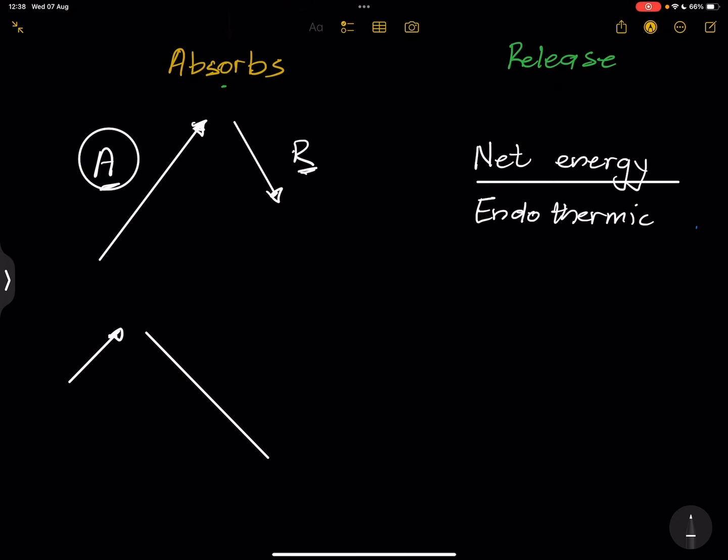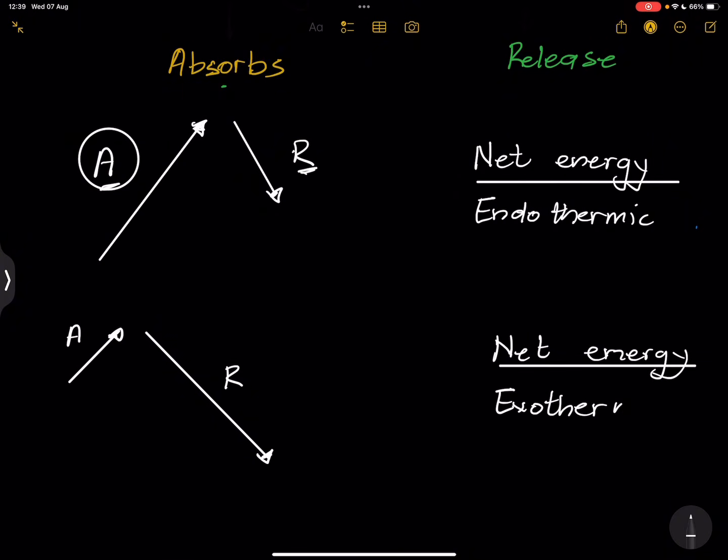So we absorb less and we release more energy, which means that the net amount of energy in this profile is energy that is released. As a result, we call this an exothermic reaction. It doesn't mean that when a reaction is exothermic, there was no energy absorbed, but it simply means that more was released than was absorbed.